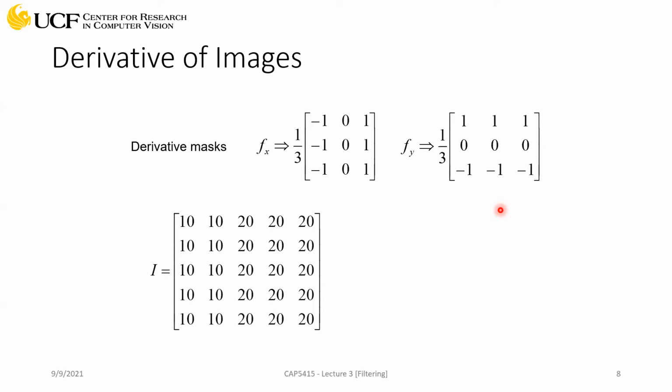Okay, so now let's try to apply these masks and compute actual derivatives on, let's say this image patch. We are showing that in the form of a matrix here, and see what these operators will do. So let's take the x derivative mask here, and we put this mask at this location. All right.